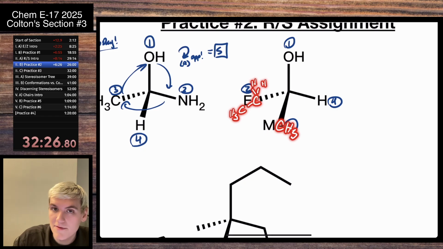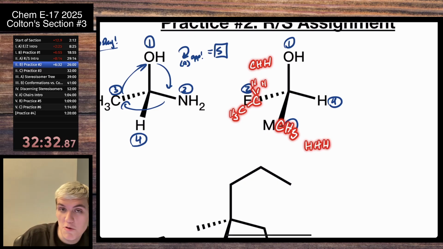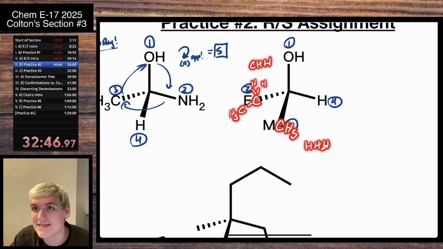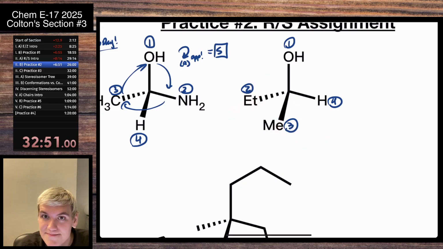So you're comparing the carbon versus carbon. The top one is CHH, and then the bottom one is HHH. That is totally fine and valid to be doing. And then eventually you'll probably get to a point where it will be easier to just visually check and see. So just do that transition whenever feels comfortable for you and whenever you find yourself making fewer mistakes on the practice problems. So now we've ranked it.